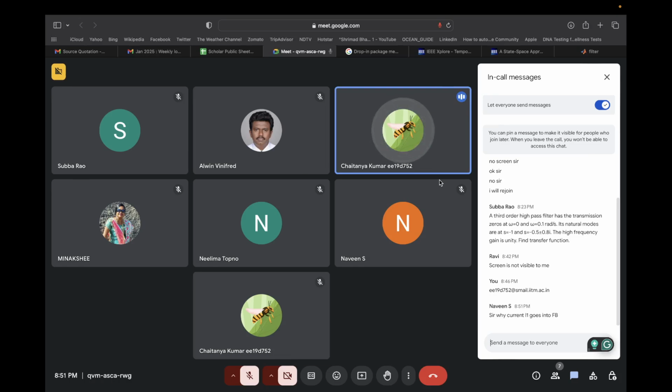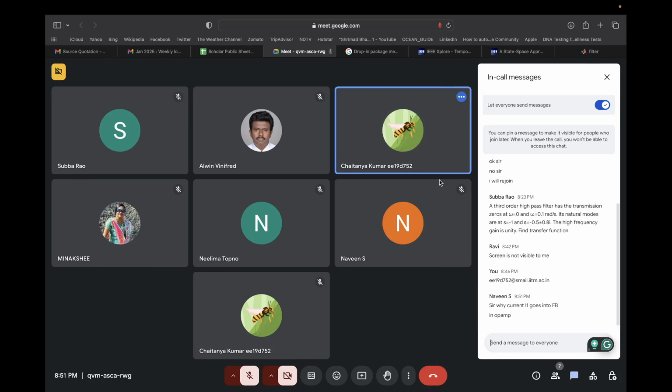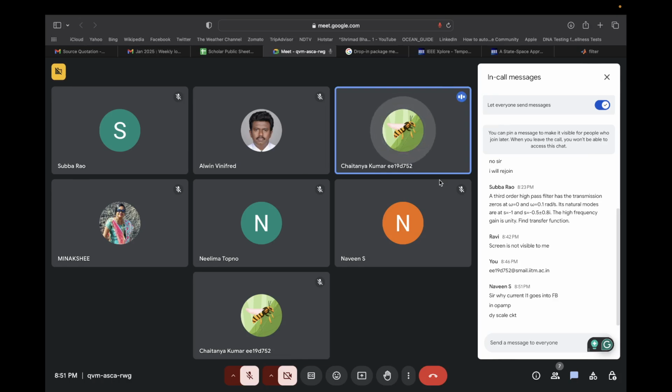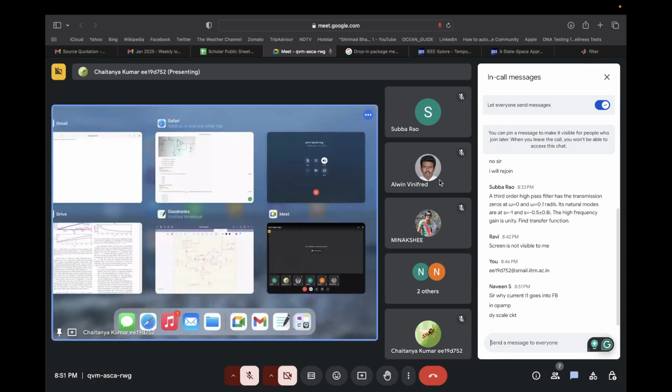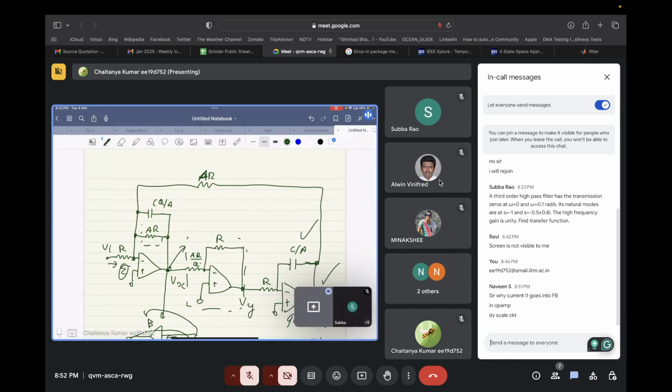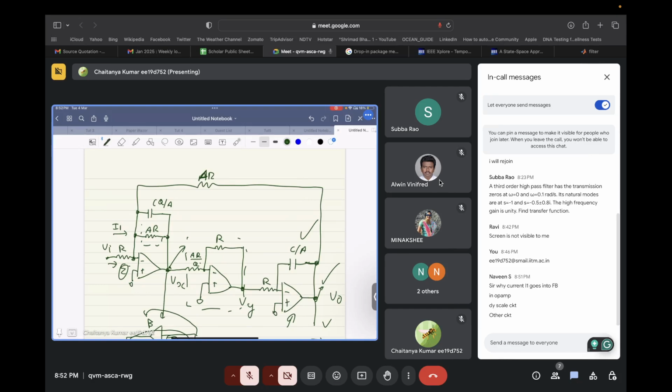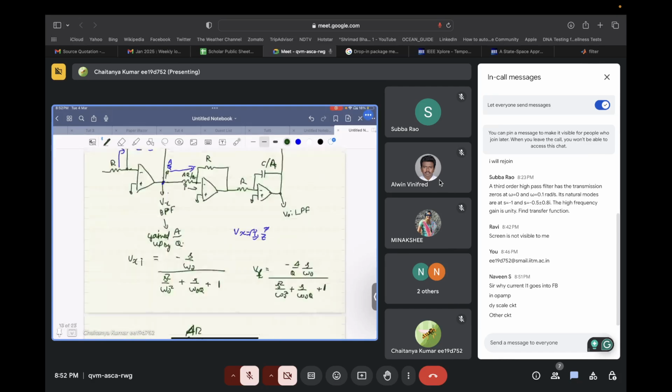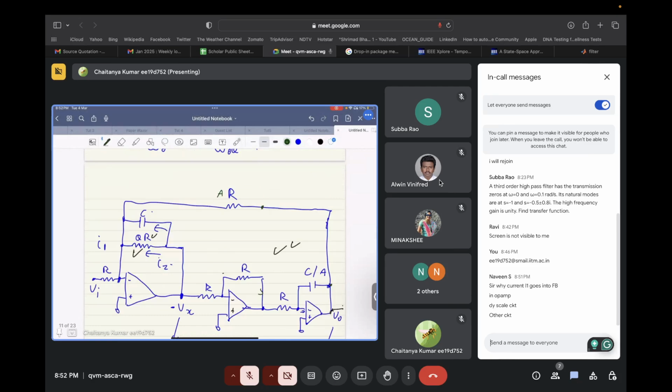Which current are we talking about, Naveen? Can you please elaborate? Are you talking about the dynamic scaling circuit? Okay, let me see. This one over here? So this is I1, this current you are talking about?